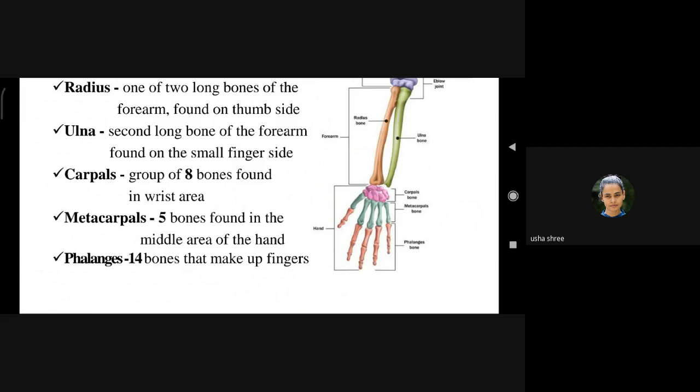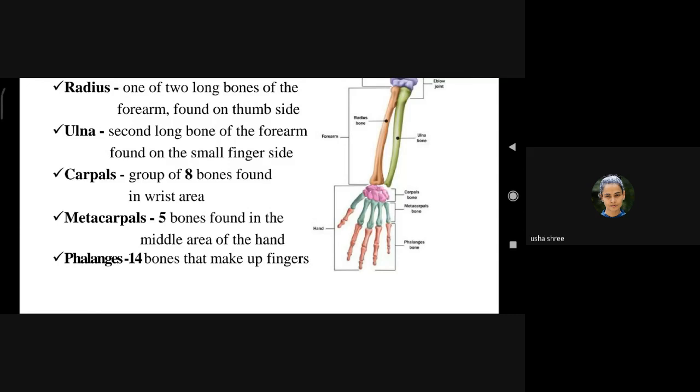Phalanges means fingers, and they are 14 in number in hand and legs both, in the upper extremity and in the lower extremity.